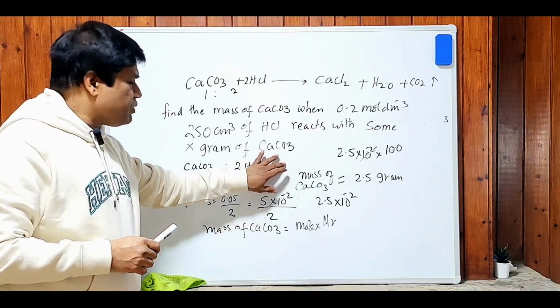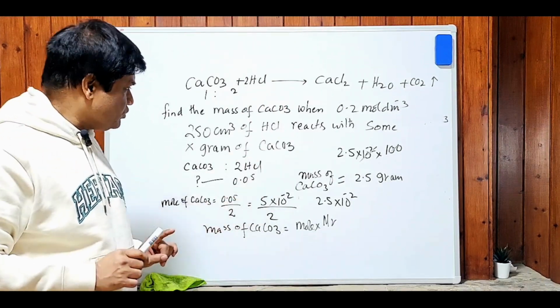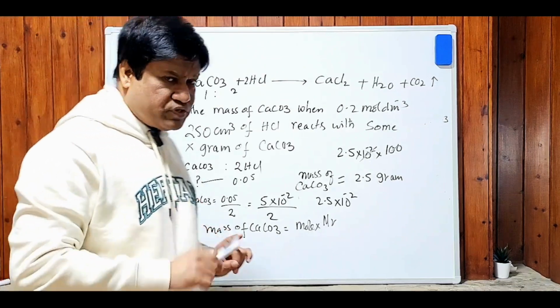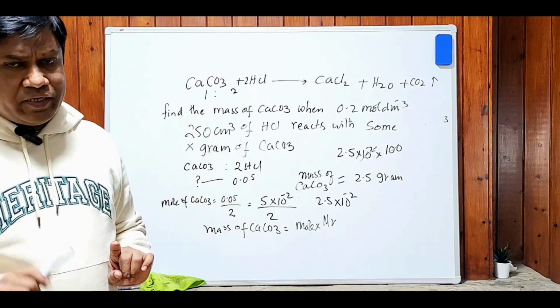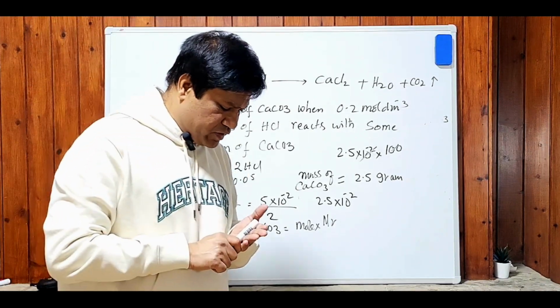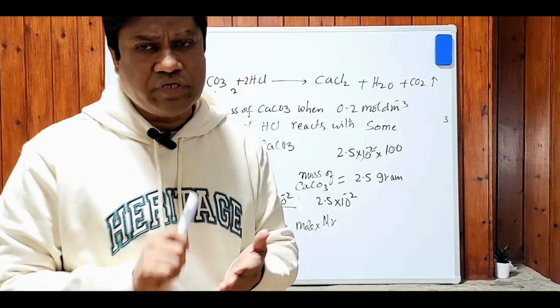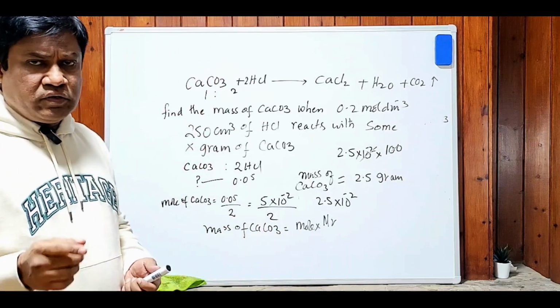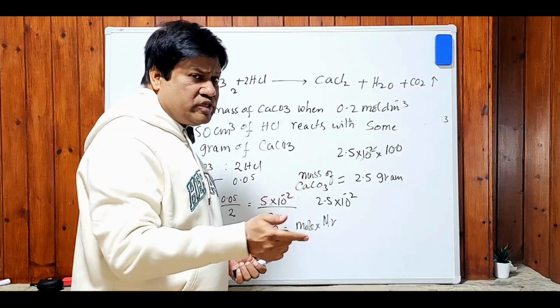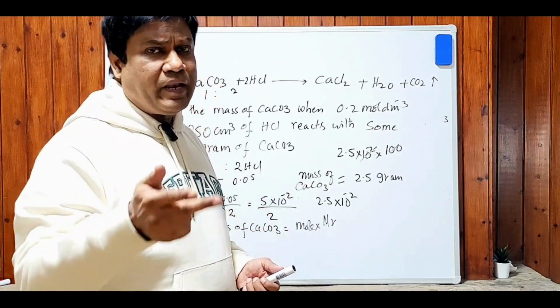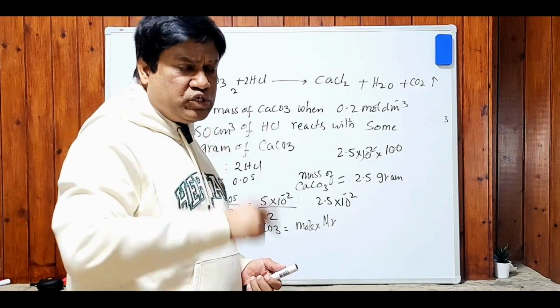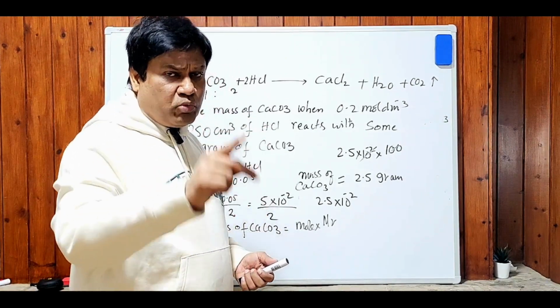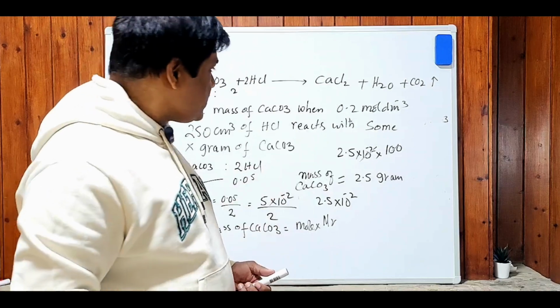I want to stop here. I will continue different types of concentration questions in my next lesson. In my next lesson, hopefully, I want to start titration. And after that, we will do percentage impurity. And after that, I want to teach you the number of water molecules attached to unknown substances.